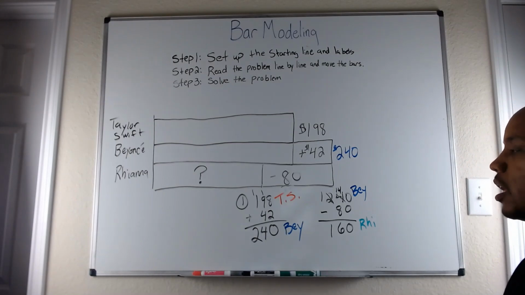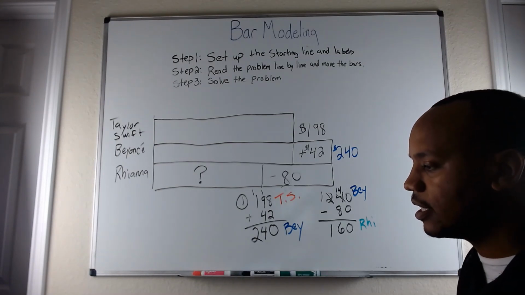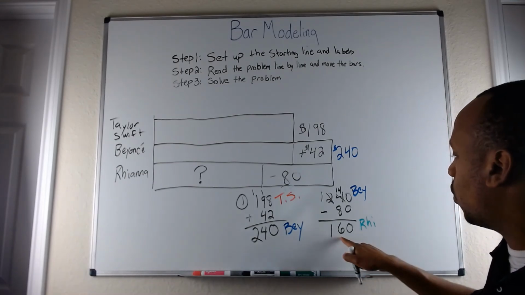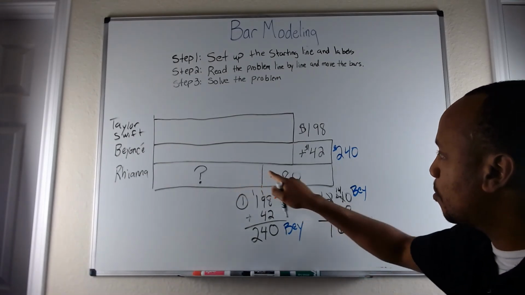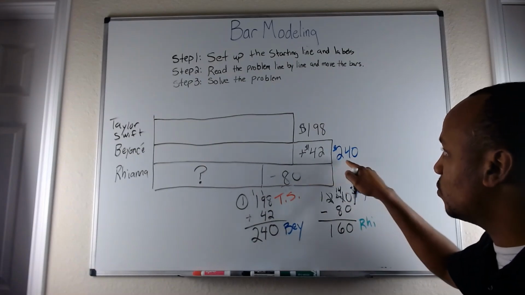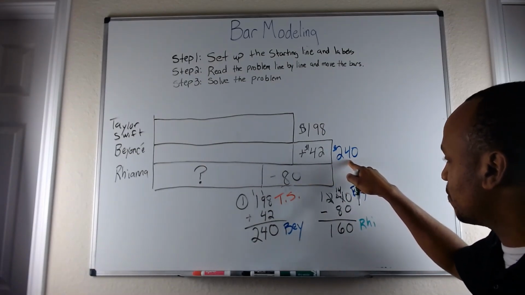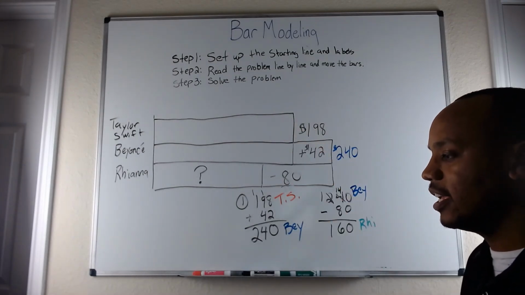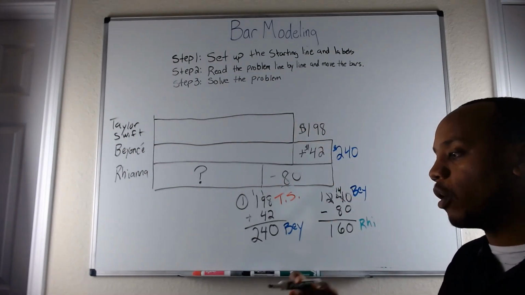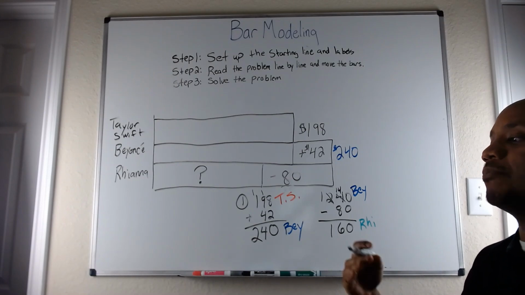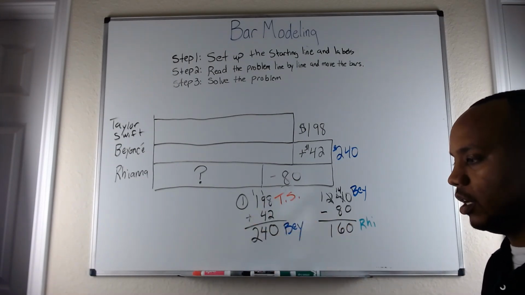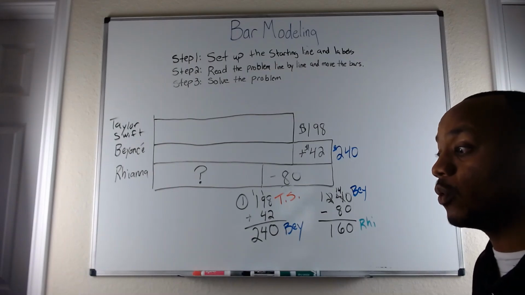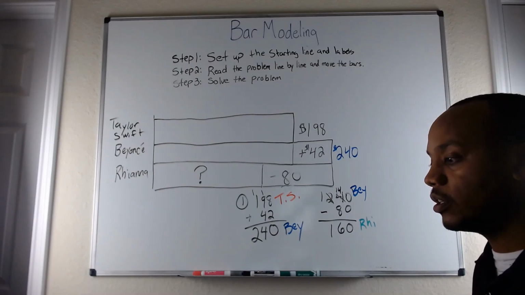Right? Now, you say, does it make sense? Well, 160 plus $80 is $240. 240 minus this $42 is $198. What are you doing, Mr. Trahan? I work backwards to see if I get back to my original numbers. If you can work backwards and it can get you back to your original numbers, then you know it's correct.